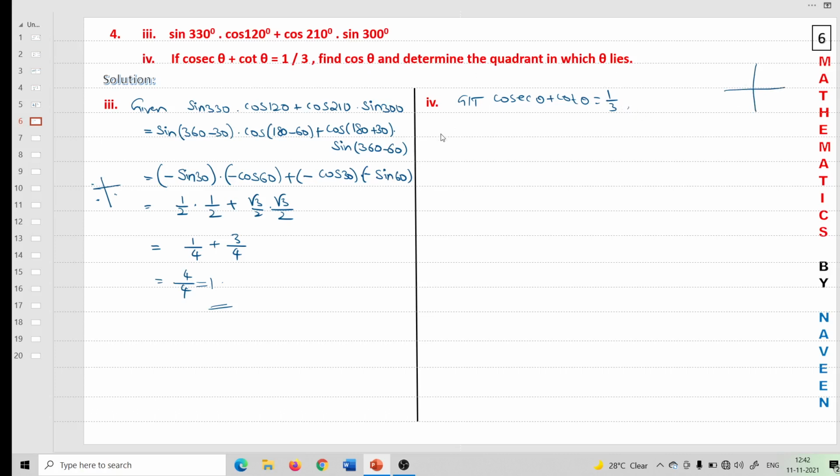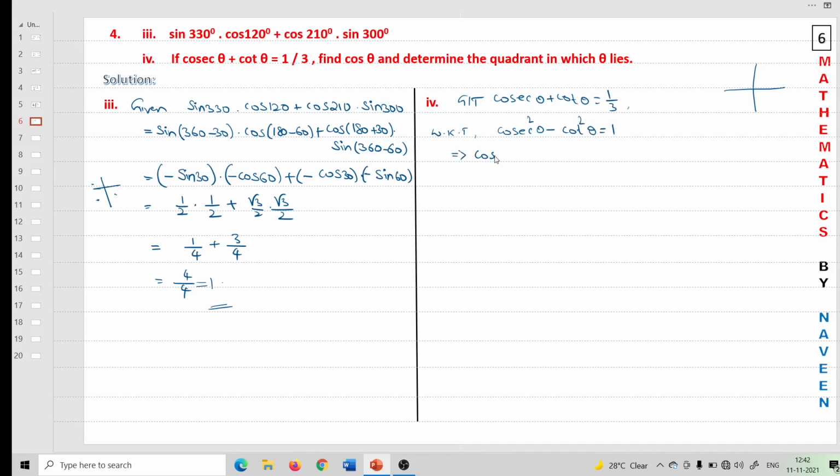Clear? We know that the identity involving cosec and cot is cosec square theta minus cot square theta is equal to 1. So this one, a square minus b square, we can write as (a plus b) into (a minus b), right?